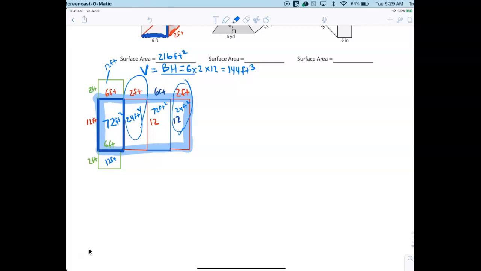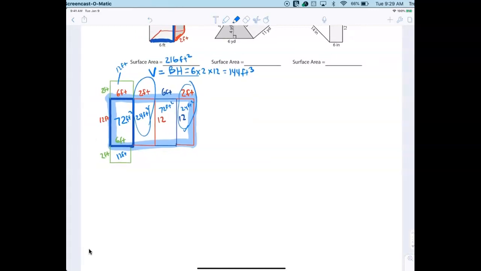Now, what I want everybody to do is underneath that, write surface area. How many bases are there here? 2. There are 2 bases.